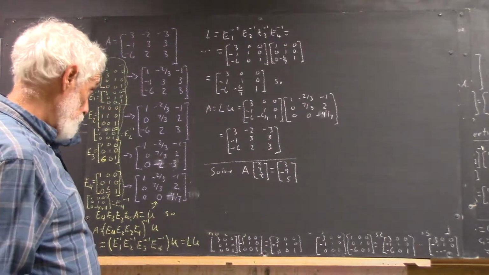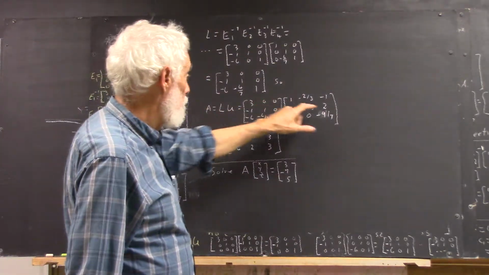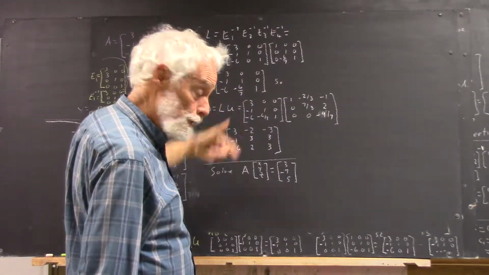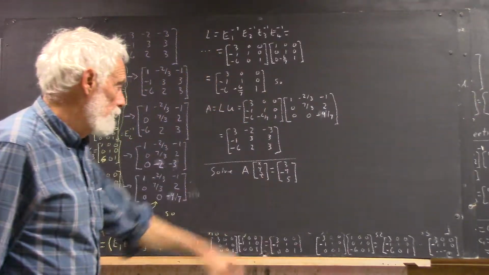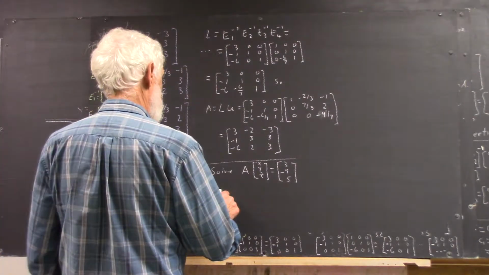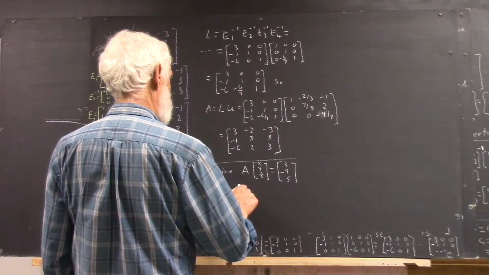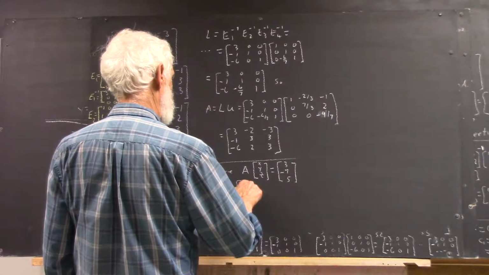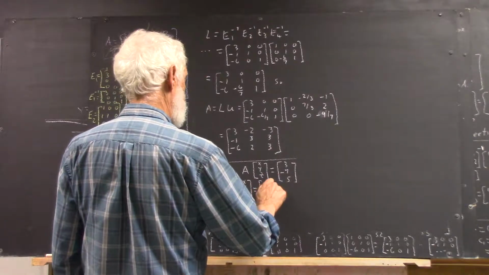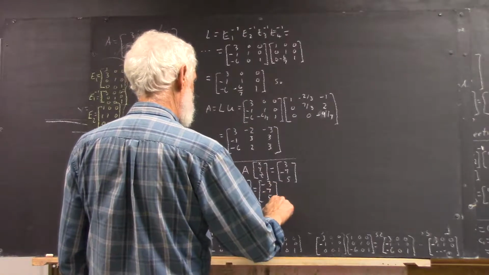So now we've verified that A is equal to the product of these two matrices. This is upper triangular and this is lower triangular. Now we want to use that to solve this system. We can rewrite the system as LU times the XYZ is our -3, -7, 5.